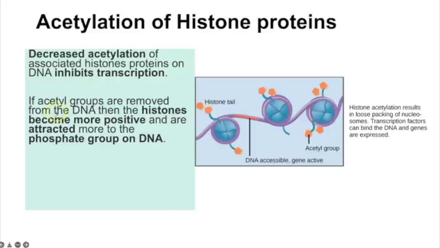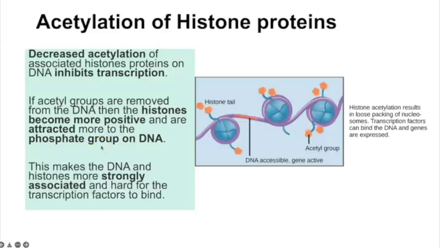Now, just to emphasize, where it says here from the DNA, it does mean it's still bound to the histone groups, but they're within that DNA complex. But if you take away the acetyl groups, which are negative in charge, that means the histones themselves are more positive, and they'll then be able to attract the phosphate group on the DNA more, which is negative.